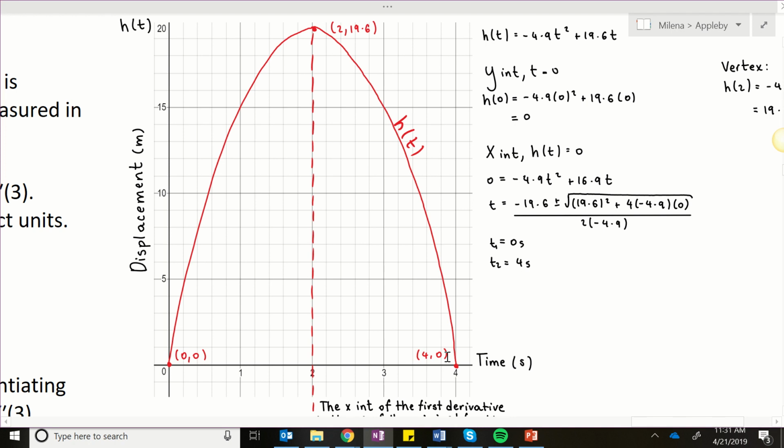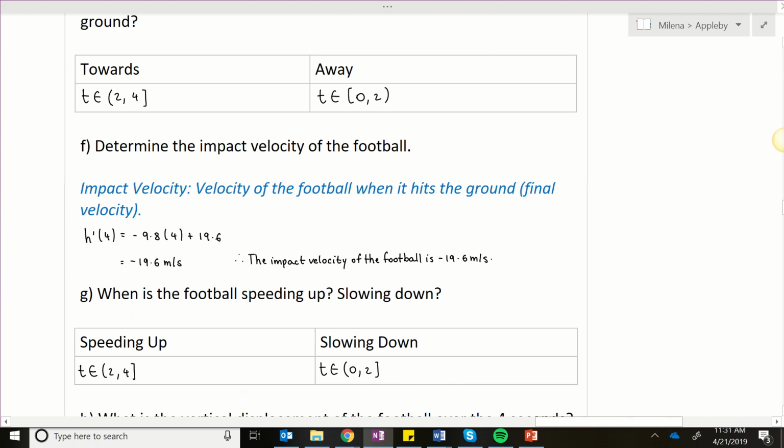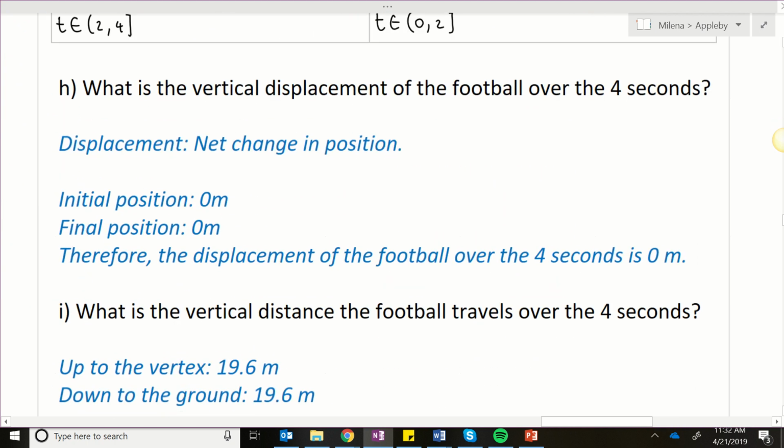The ball hasn't moved vertically in totality, which is why we know that the vertical displacement of the ball is 0, right? Final position minus initial, so 0 minus 0 is 0.